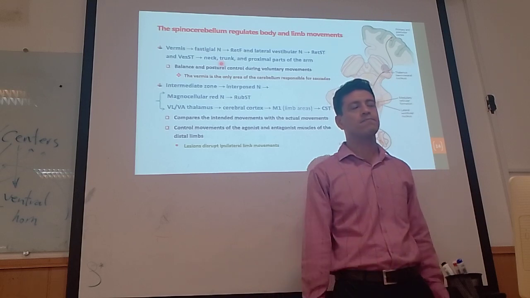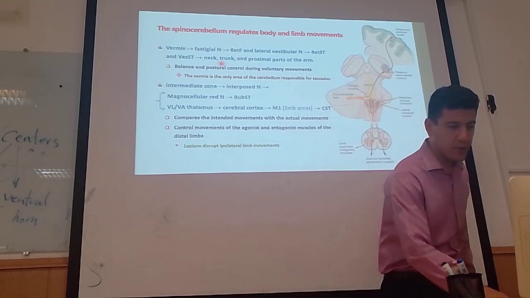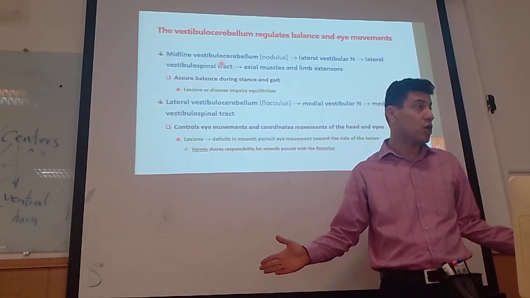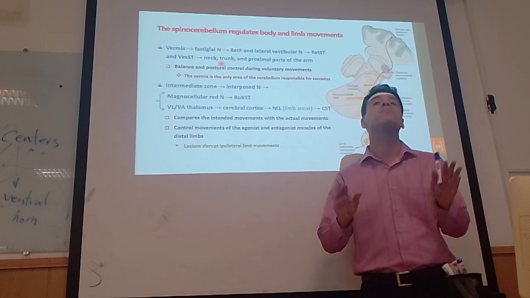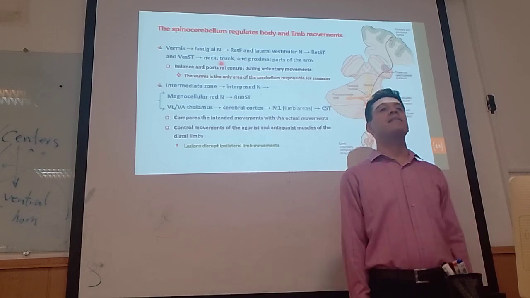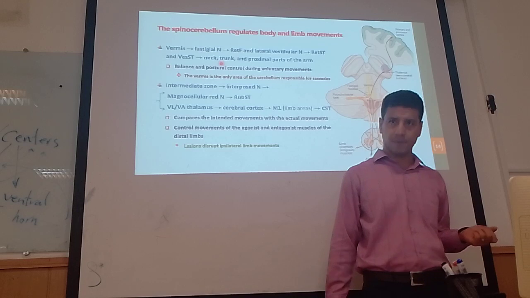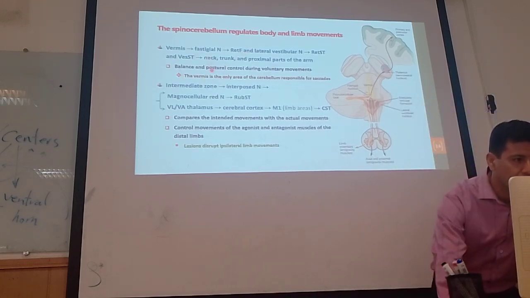For what? Posture. The previous one was involved for balance, locomotion. Here, this one is mainly involved in posture. Right? Posture, standing, sitting, lying. Okay? So all of these can be controlled by the cerebellum.